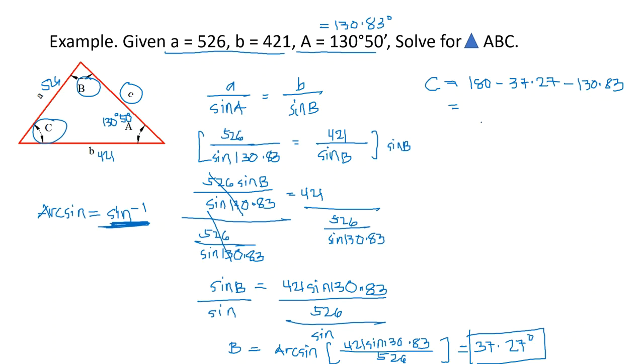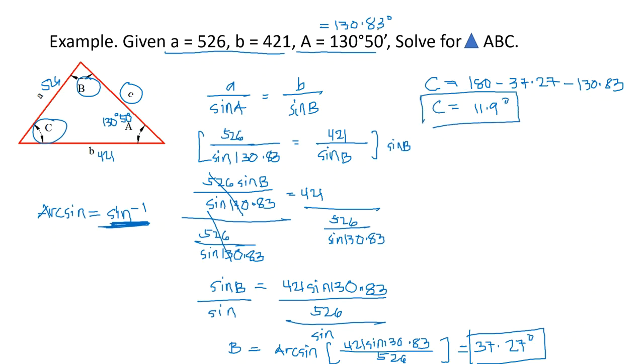You just have to make sure, class, that if the answer in solving for the last angle is negative, then one of your angles is not correct. Here, our angle is 11.9 degrees. So C is equal to 11.9 degrees.